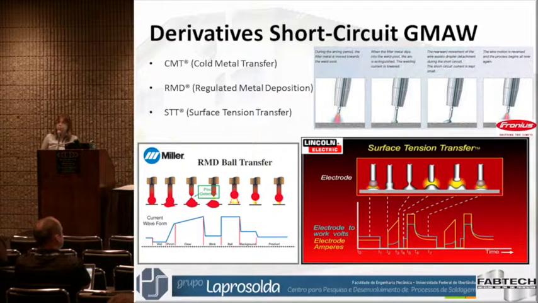I think the three most common commercial processes of derivative short circuit are CMT, RMD, and SCT, each from a different manufacturer. The three of them work similarly.